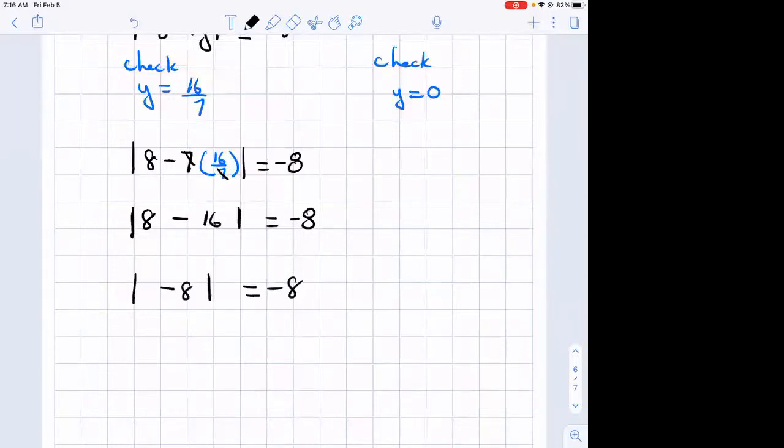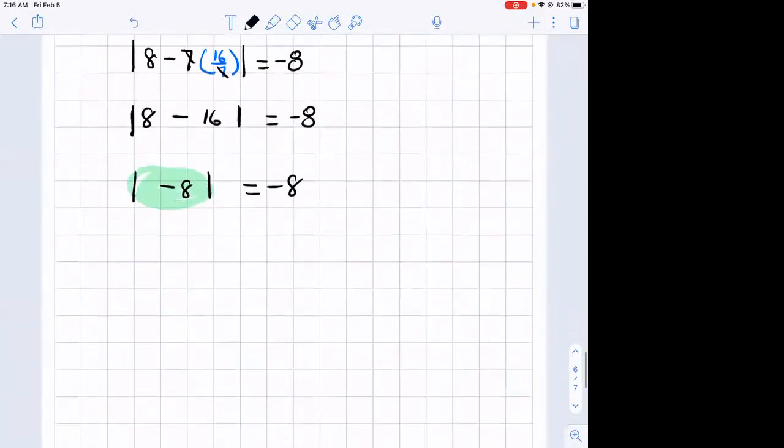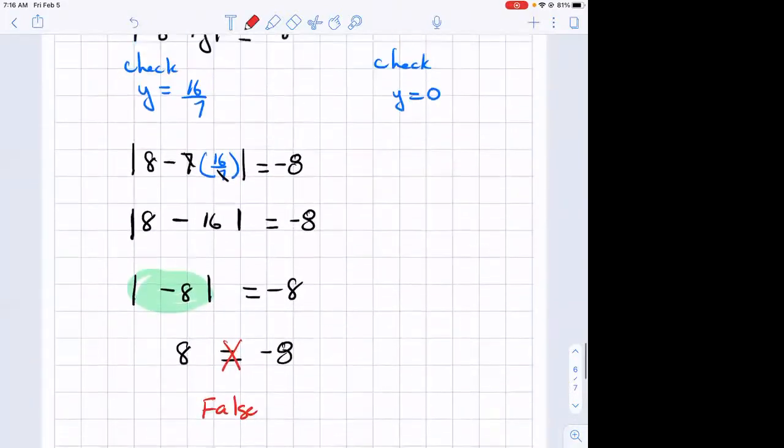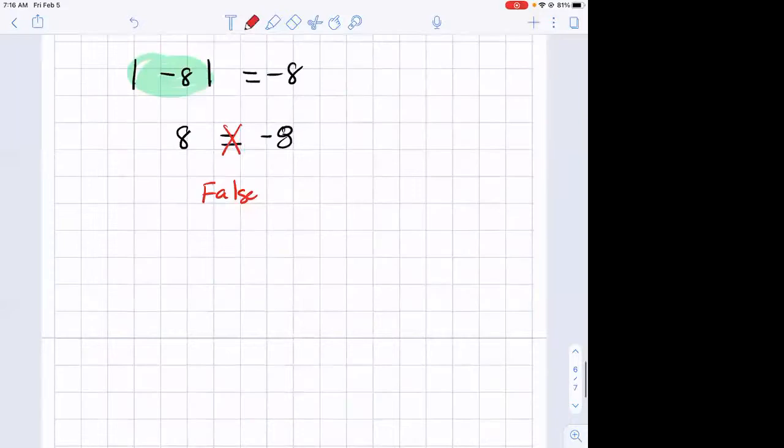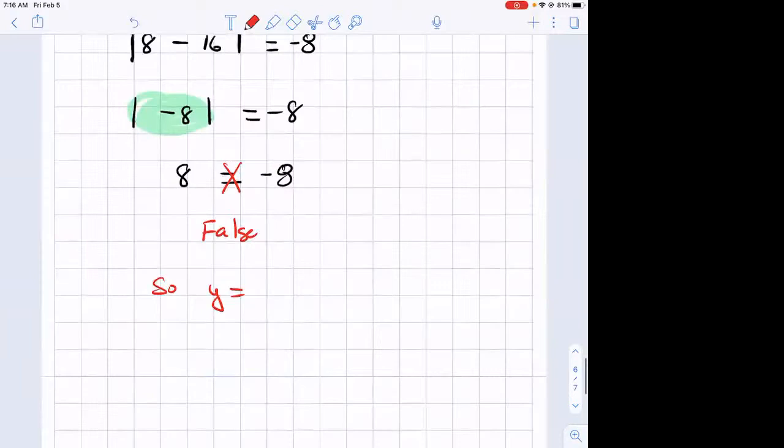But the absolute value of a negative quantity, remember, absolute value means distance. This is 8. So 8 cannot be equal to negative 8. So this is not a true statement. This is false. So y equals 16 over 7 is not a solution.